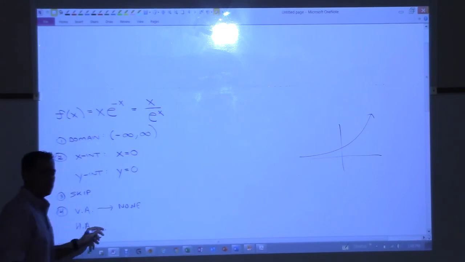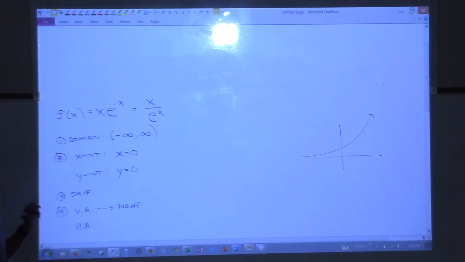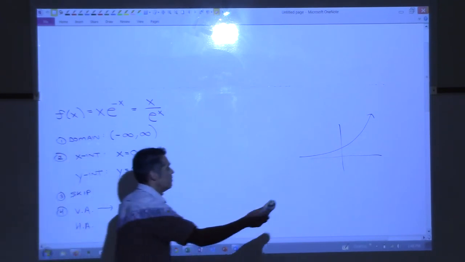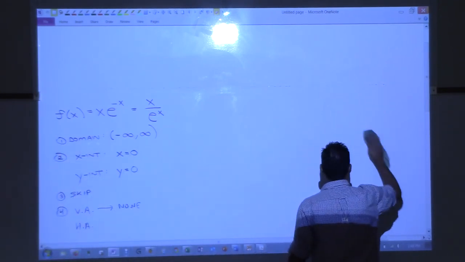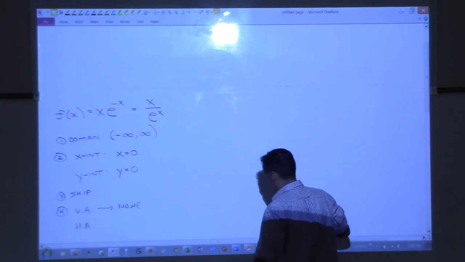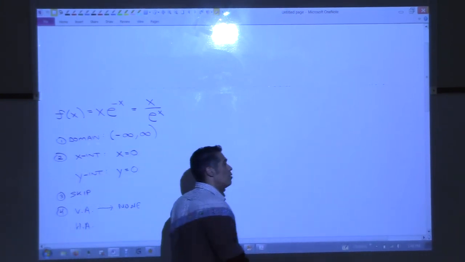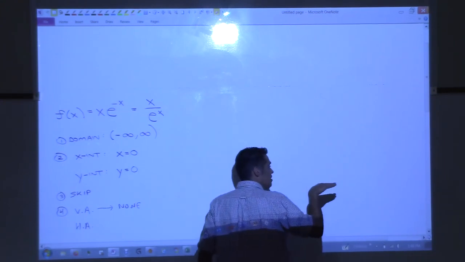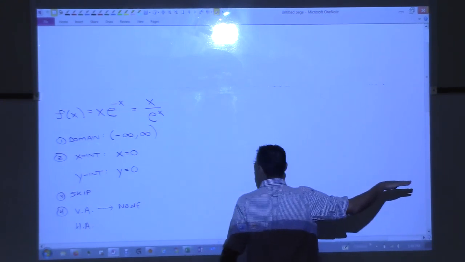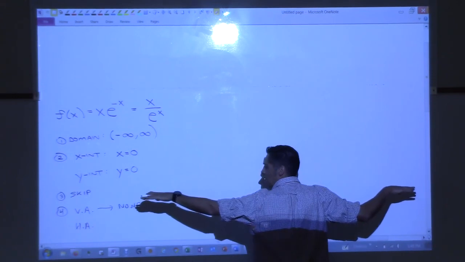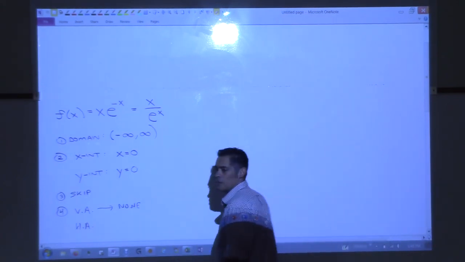Okay, how about horizontal asymptotes? All right, there we have to take some limits. We have to take the limit as x goes to infinity, and we have to take the limit as x goes to negative infinity. Just a quick question: is it possible to have a horizontal asymptote that goes out the right side that is different than the horizontal asymptote that goes out the left side? Can these be different?